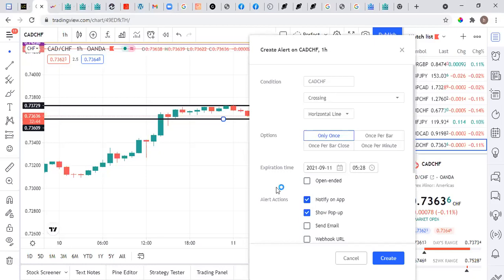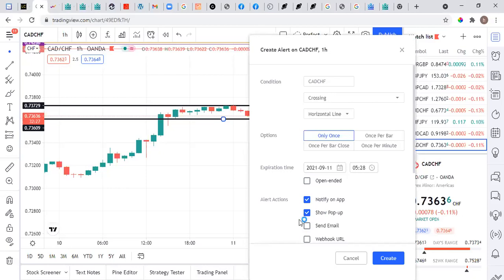Notify on app: if you download the app, you can begin getting notifications on your mobile phone. There is also show pop-up, and send email, so you can set it to send emails to you. You see, that is an amazing tool.